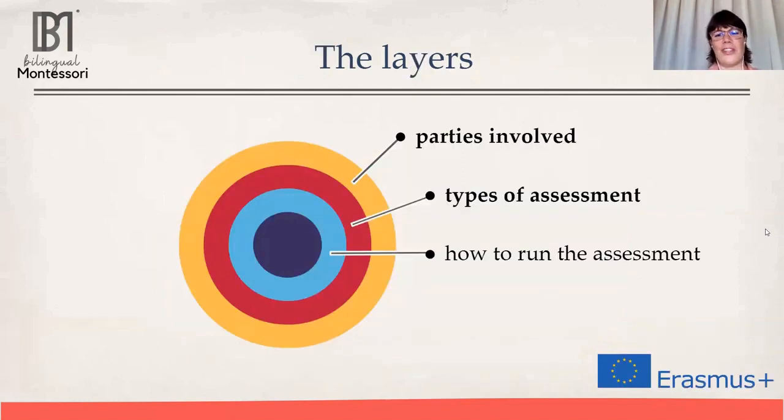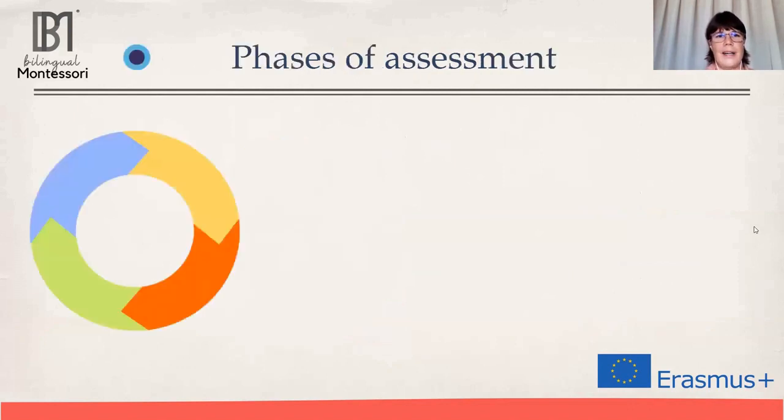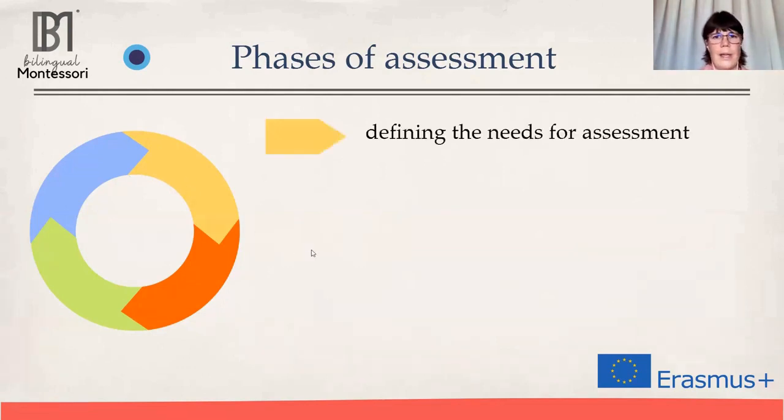We are progressing to the 3rd layer, how to run the assessment. As you see in the visualization here, it's a circle. That's where all the phases are interconnected. In the first phase, we need to define the needs for the assessment.